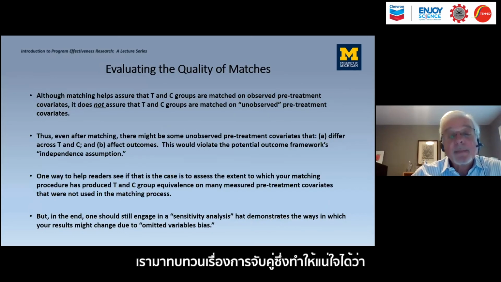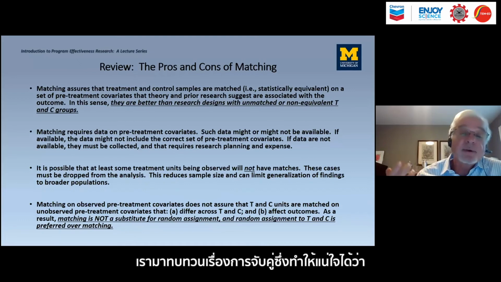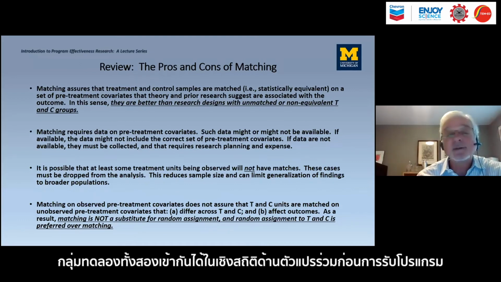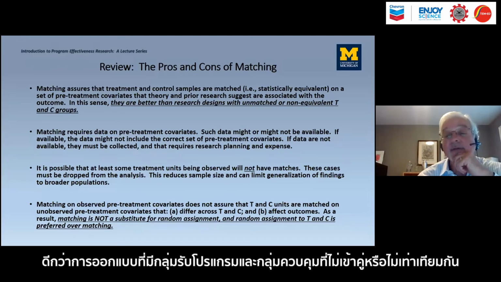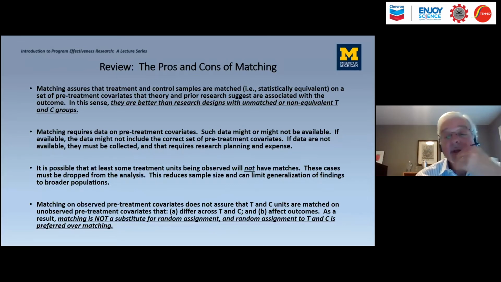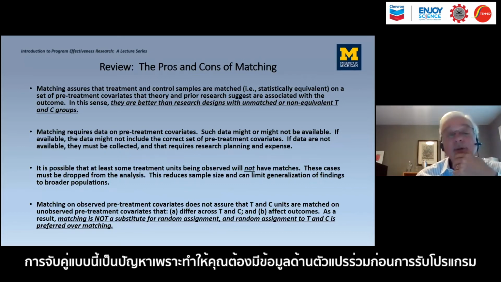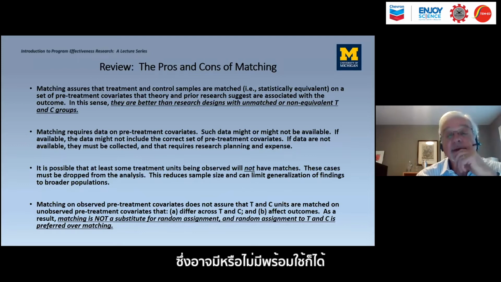And so let's review. Matching assures that the 2 samples are matched statistically on pretreatment covariates that we think affect outcomes. And in that sense, I think matching designs are better than designs that have unmatched or non-equivalent treatment and control groups. They are troublesome to do because they require that you have data on pretreatment covariates, and that might or might not be available.